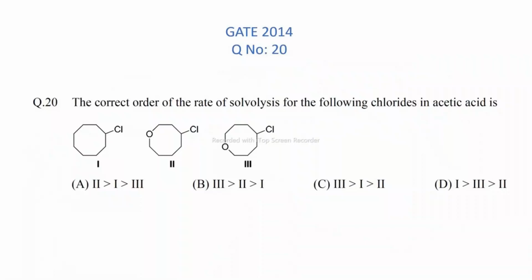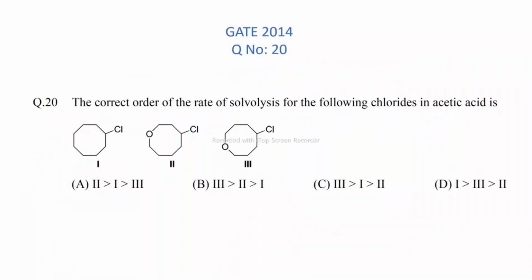Not the nucleophile. It depends on the substrate, the R with the leaving group. That's why SN1 is only substrate dependent. It depends only on the substrate, I mean 1, 2, and 3, not on the acetic acid.